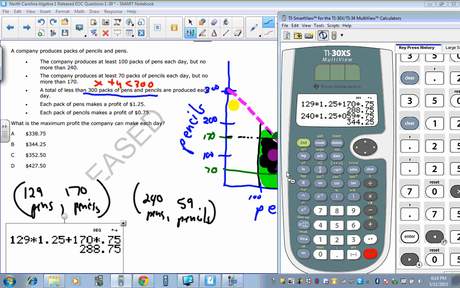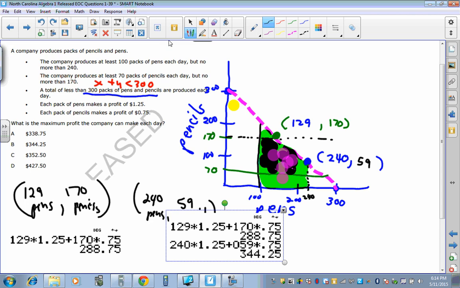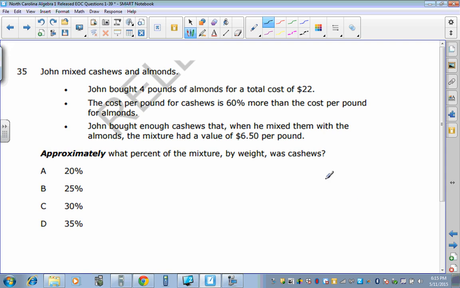Okay, and we get that answer. Okay, so B is the choice. That will be the maximum profit. Once again, this was a problem on steroids. If you can go through it and understand it, it might be valuable to do. Otherwise, just shake it off.